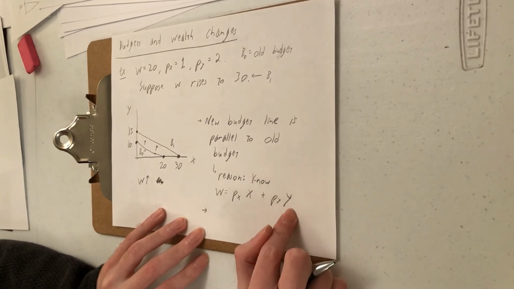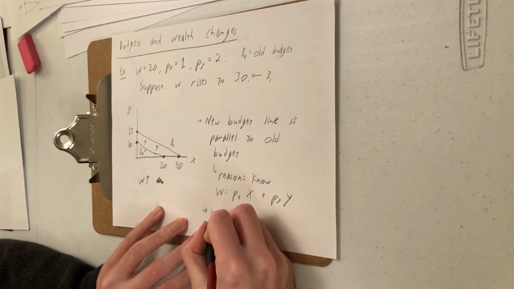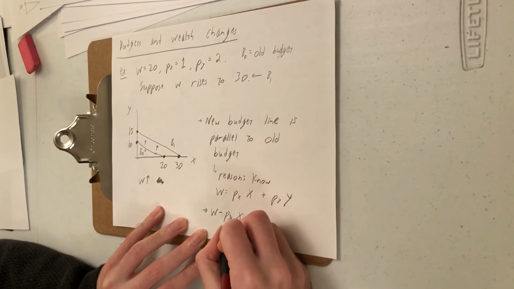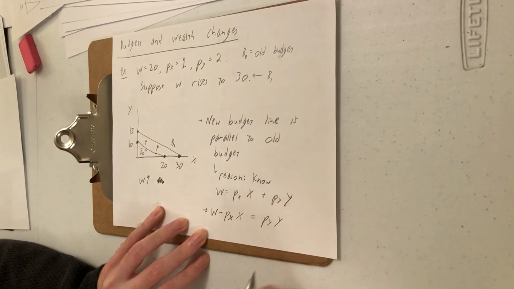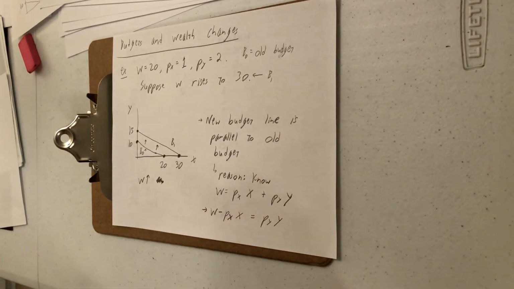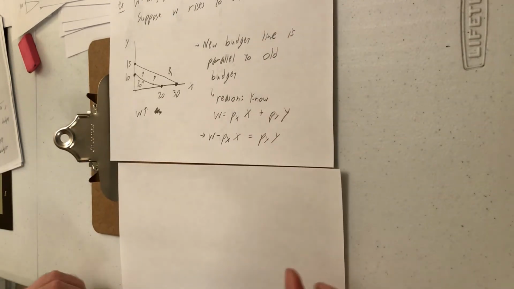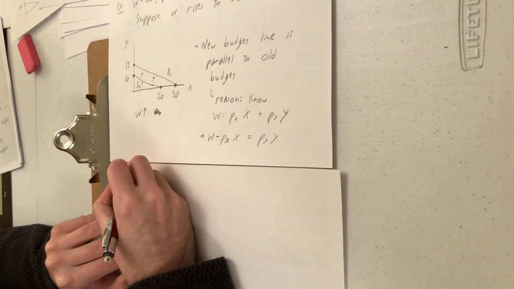So let's keep Y over here and throw everything else over there. So you have W minus PX X equals PY Y. Then you can divide everybody by PY.